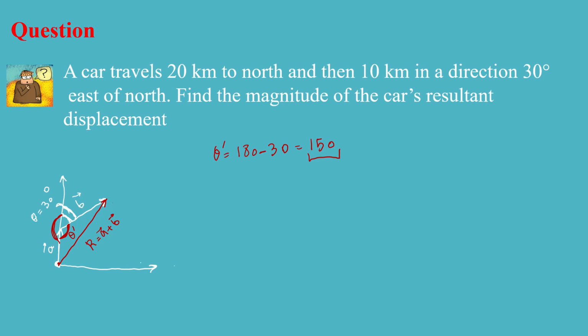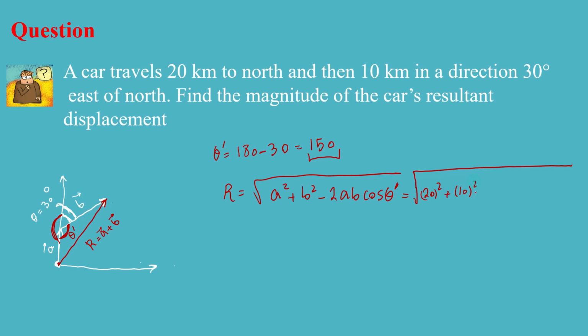Okay, now I can calculate the magnitude, which is R equal to the square root of A squared plus B squared minus 2AB cosine theta prime. And then what I have here is 20 squared plus 10 squared minus 2 times 20 times 10 cosine of 150, right?